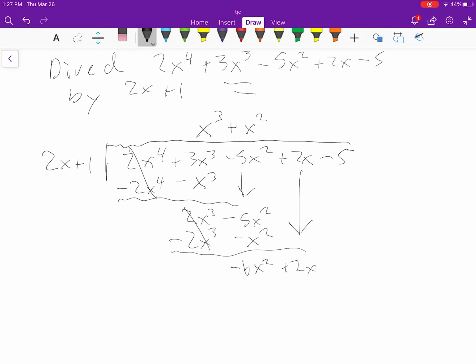Now, we ask ourselves the question, what times 2x will give us negative 6x squared? And that would be a negative 3x. Okay, if we multiply negative 3x by this, we will get this right here.